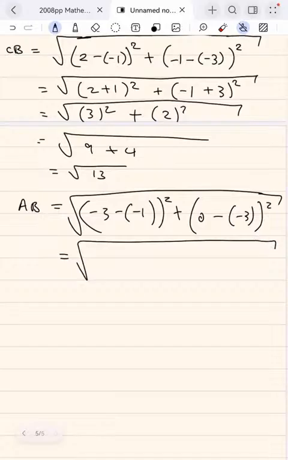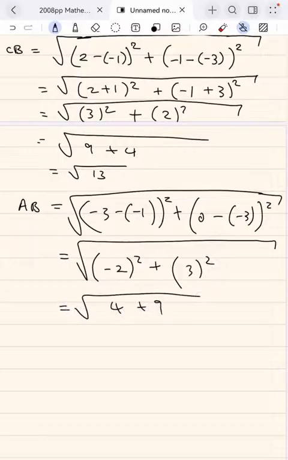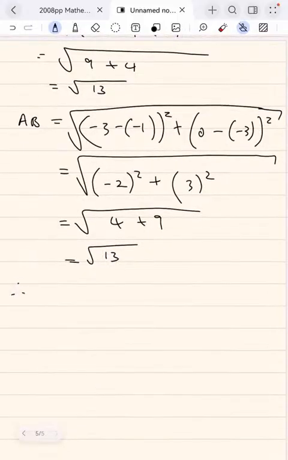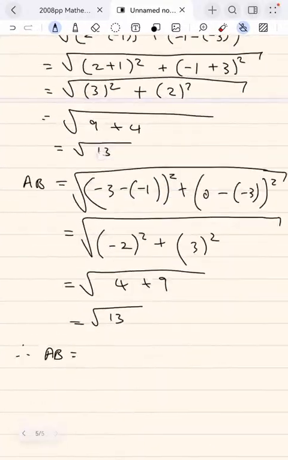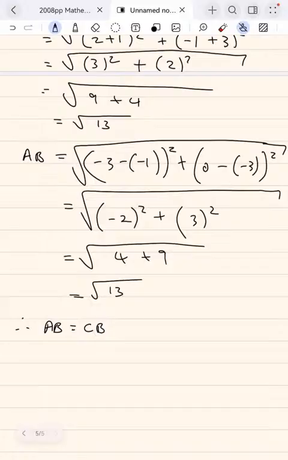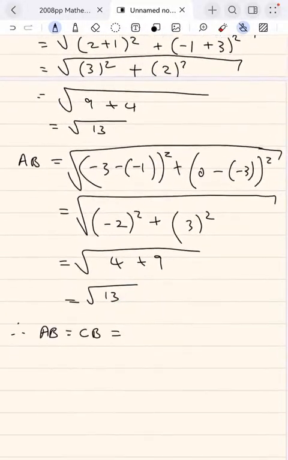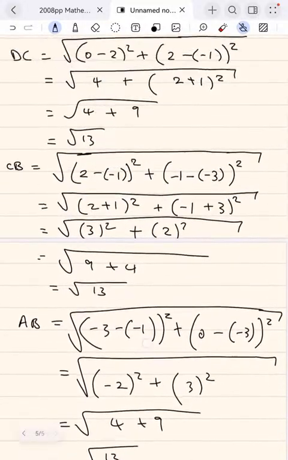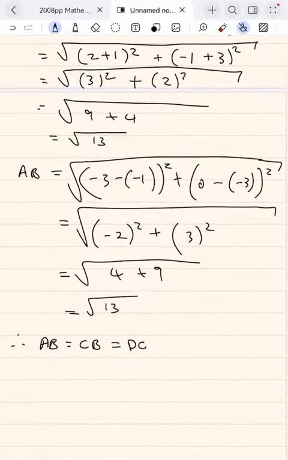Square root, boom. Minus 3 plus 1 is minus 2, squared, plus 0 plus 3 squared. 4 plus 9, square root of 13. Therefore, AB is equal to CB is equal to DC is equal to AD.